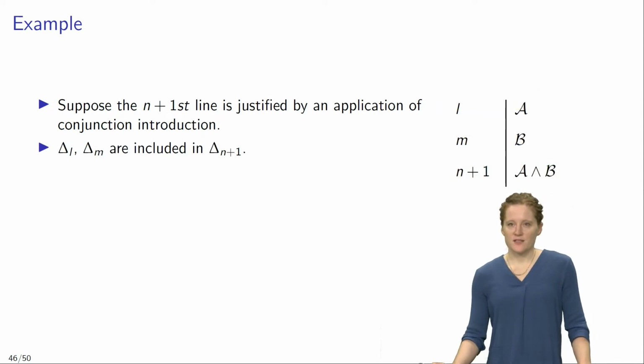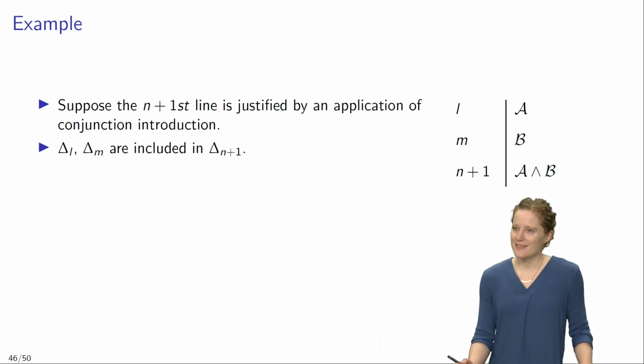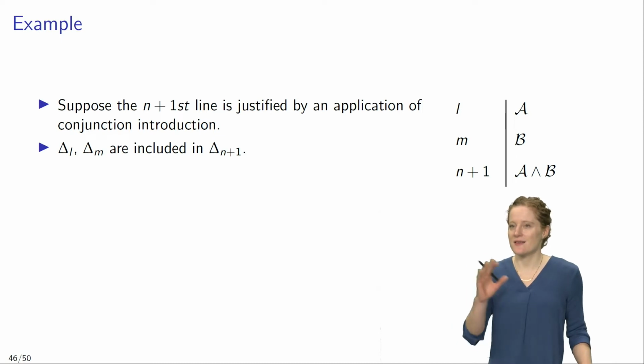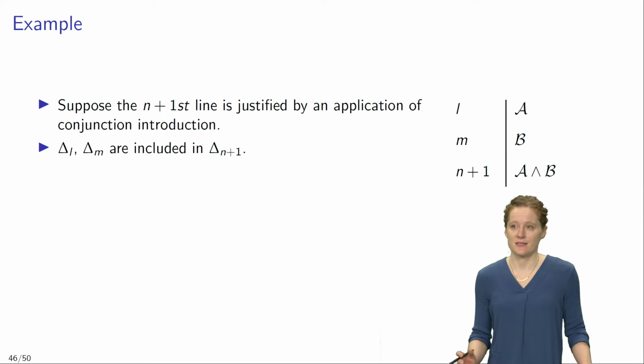Well, let's first observe that delta L and delta M are included in delta n plus 1. That means that the premises on which line L depends and the premises on which line M depends are included in the set of premises on which line n plus 1 depends. Why is that?